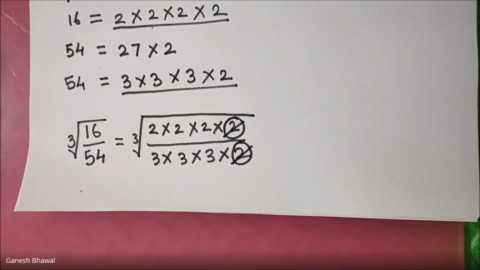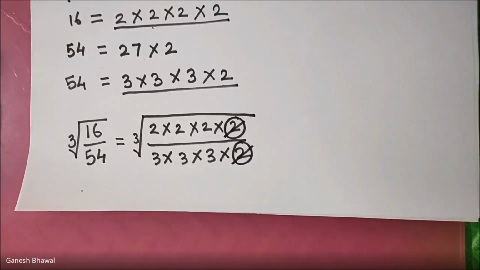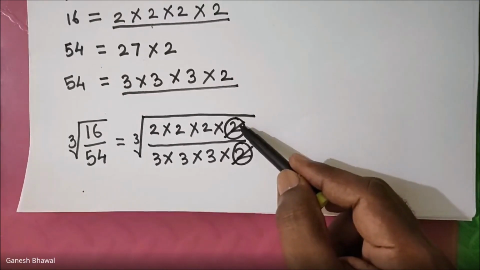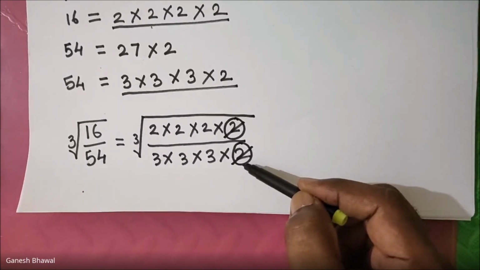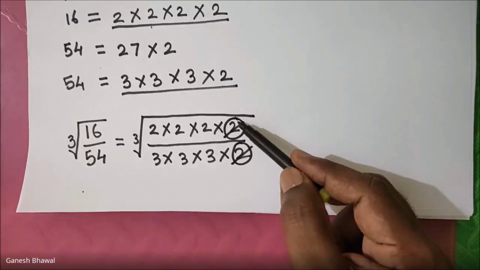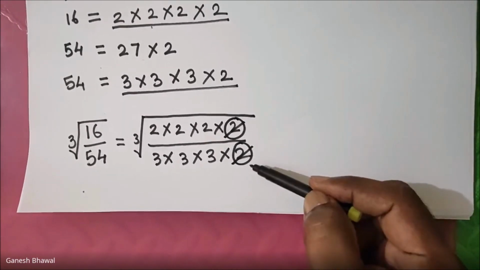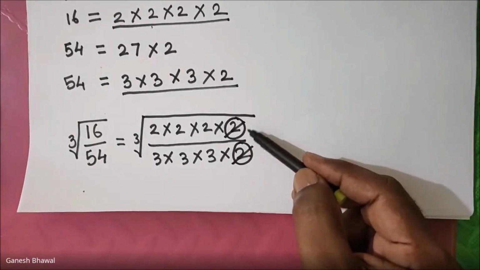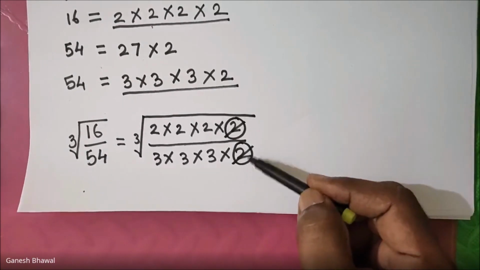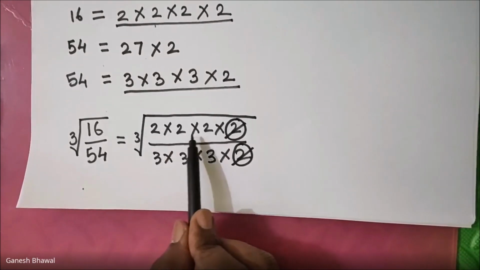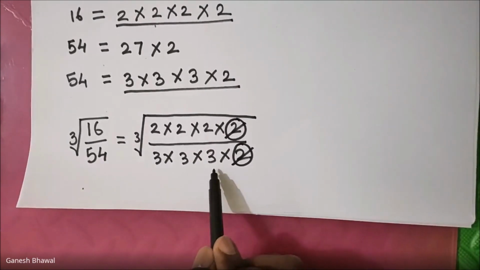To simplify the sum, always we have to reduce the numbers. Once you have cut this upper digit 2 and lower digit 2, we can cut this, as both numbers are divisible by 2. 2 ones are 2 and 2 ones are 2. So remaining factors are 3 times 2 and 3 times 3.